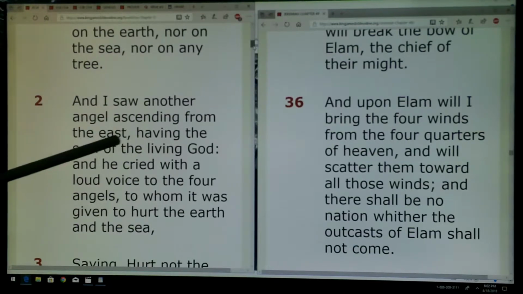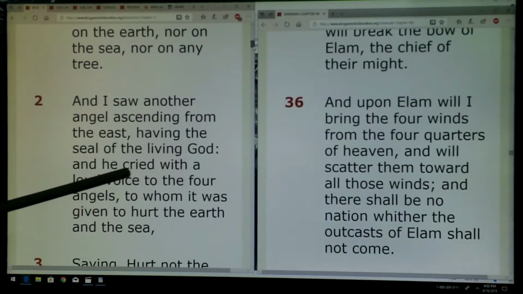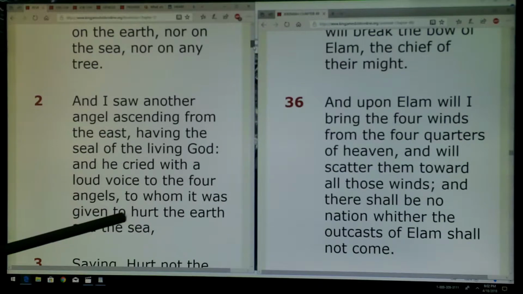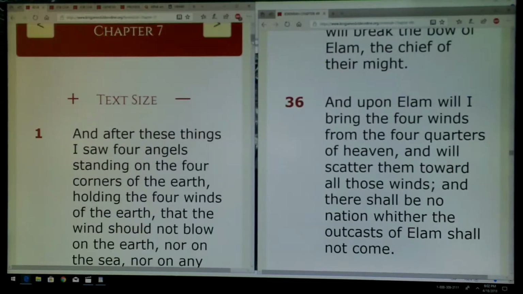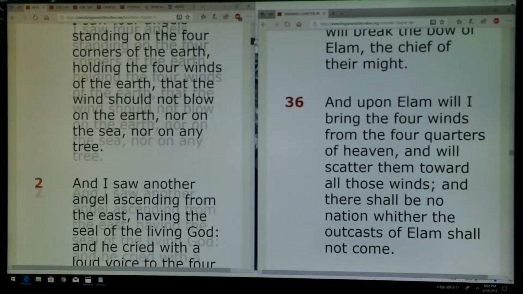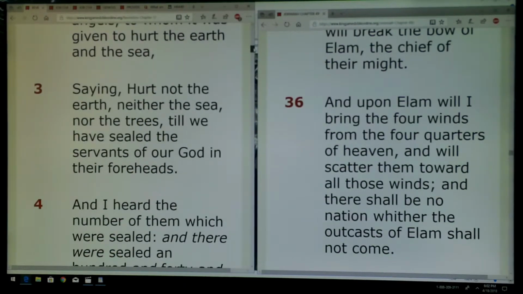I saw another angel ascending from the east, having the seal of the living God, and he cried with a loud voice to the 4 angels to whom it was given to hurt the earth and the sea, saying, hurt not the earth, neither the sea, nor the trees, till we have sealed the servants of our Elohim in their foreheads.